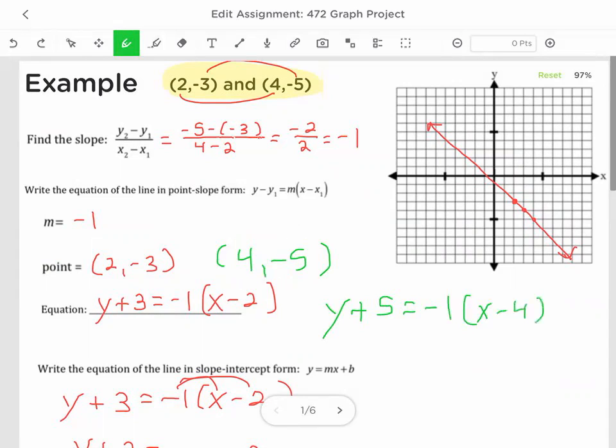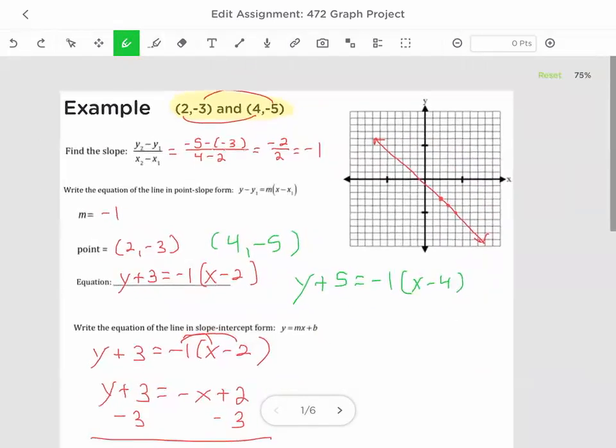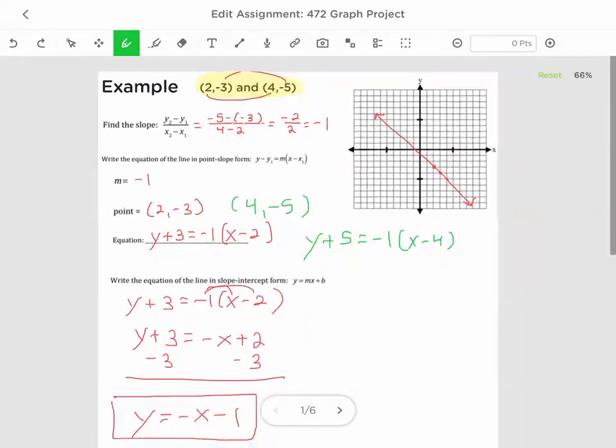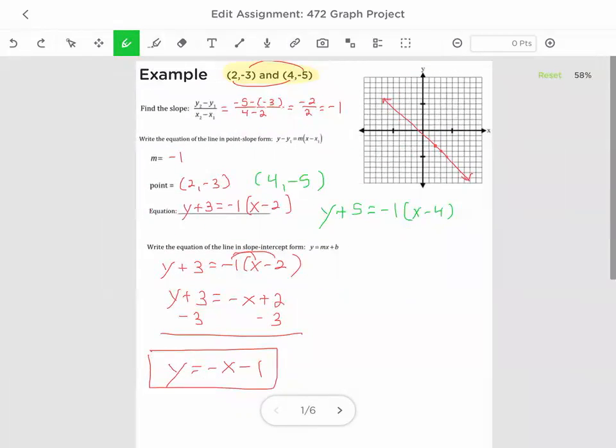That would be a perfectly acceptable answer also. So it doesn't matter which point you choose when it says choose a point. You just have to choose one or the other, not both. All right, any questions on those?